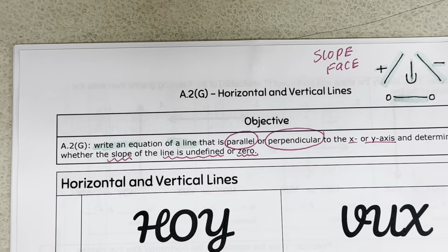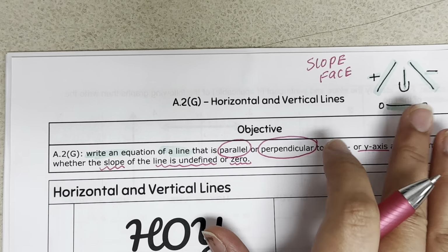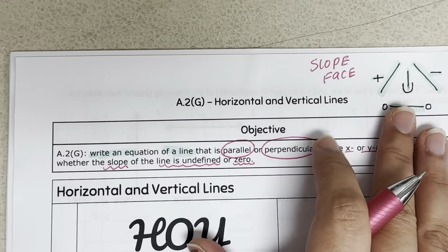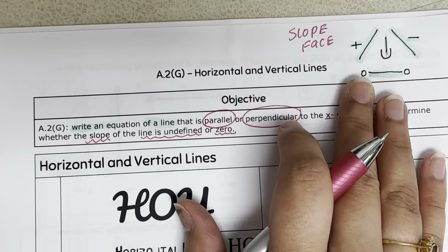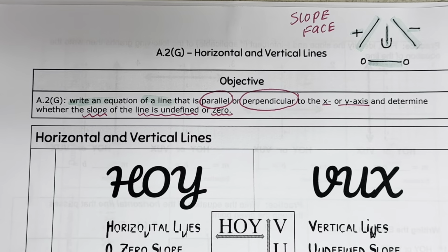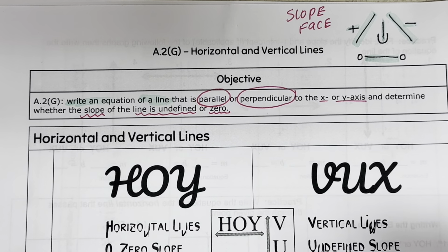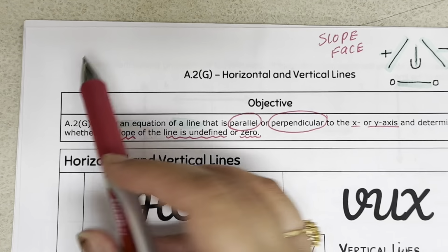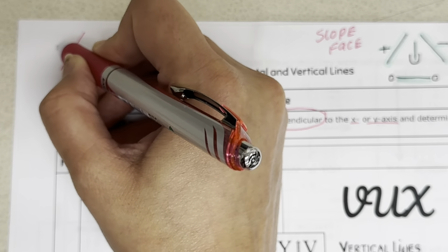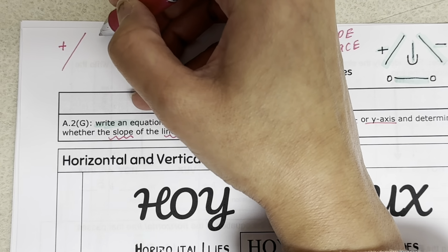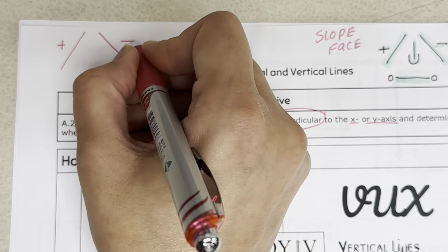All you have to do is, every time before you start taking a quiz or a test, make that slope face in front of you on the paper so you remember what type of slopes you deal with in algebra. First one, let's draw it one more time. It is going up the hill, that's a positive line, positive slope. It is going down the hill, that's a negative slope.